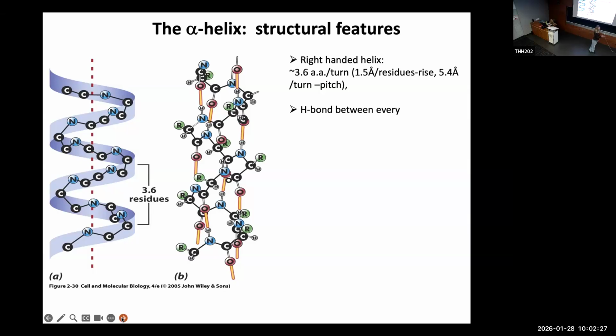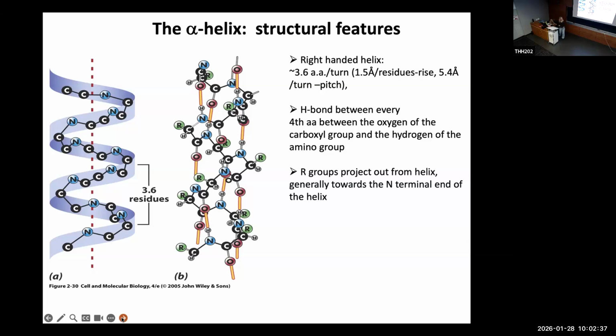So you have many hydrogen bonds holding together the whole secondary structure and keeping it fairly stable. In a structure like that, this is just showing the backbone, so you can see the structure of the backbone, but the side chains will project out from the alpha helix. They're sort of coming out like this, and we'll see a top-down view of that.